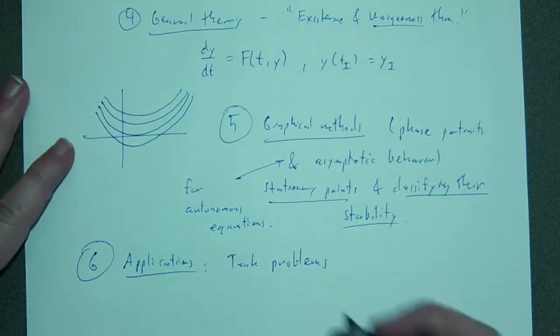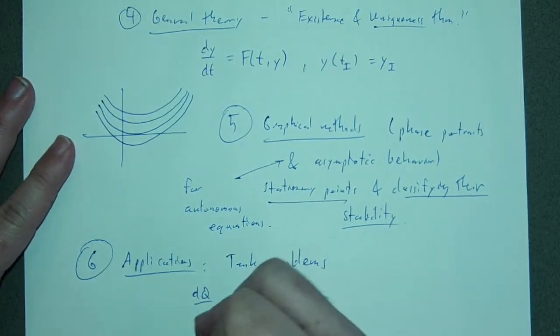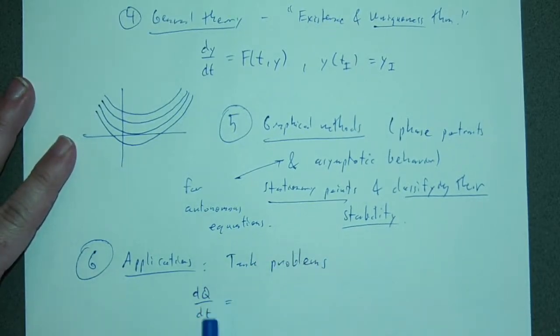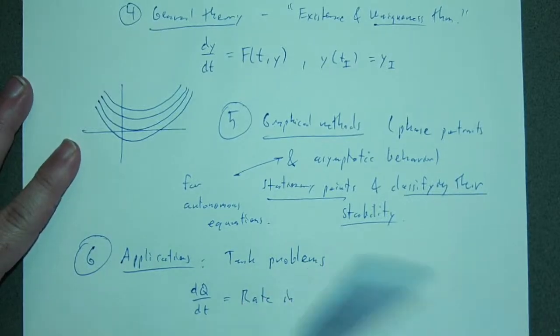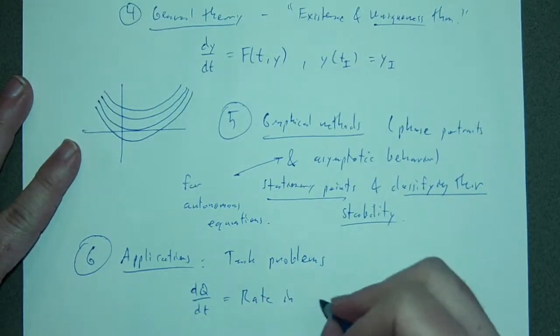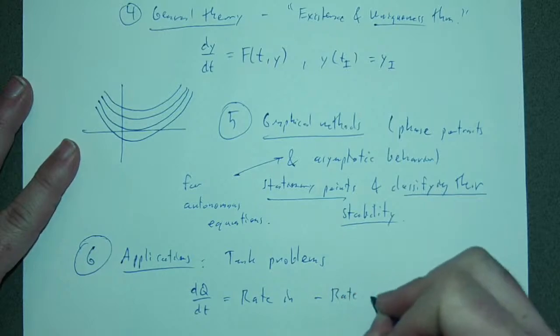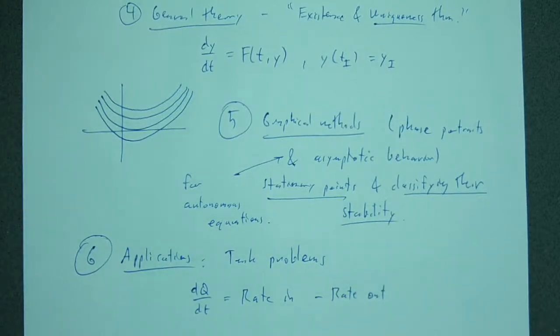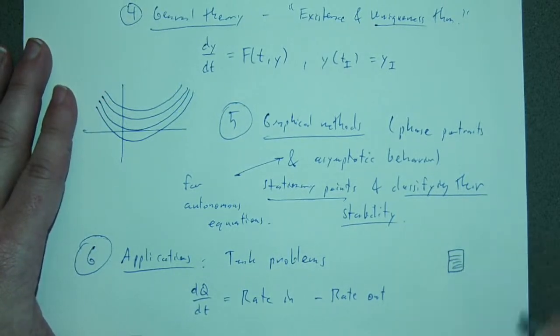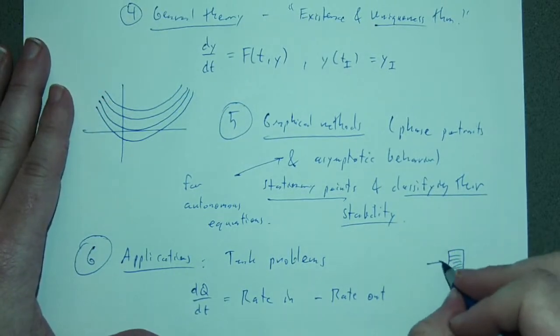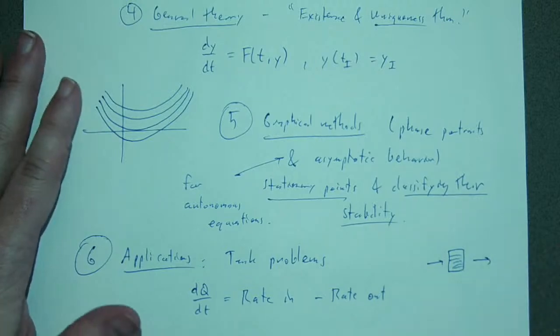The main unifying principle used to set up these equations is that you have some quantity that's changing with respect to time, and you set up the differential equation, which is the rate of change of that quantity is rate in minus rate out. By far the most important thing in these problems is to draw your tank, the parameters describing the tank, and describe your inflow and outflow.